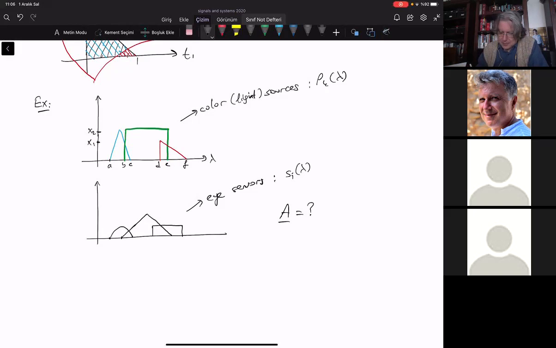You have this first sensor response and this first light source. What you do is you multiply them function-wise, of course. Signal by signal or value by value, you multiply them. These 2 shapes you multiply and you integrate. So the multiplication will give you some new shape, and you have to find the area under that new shape.